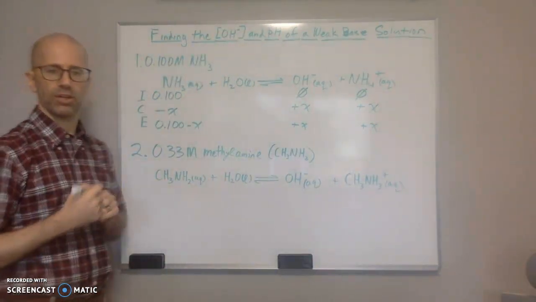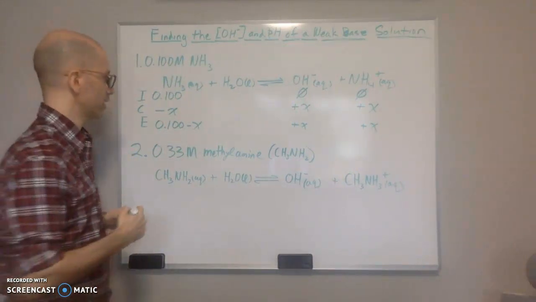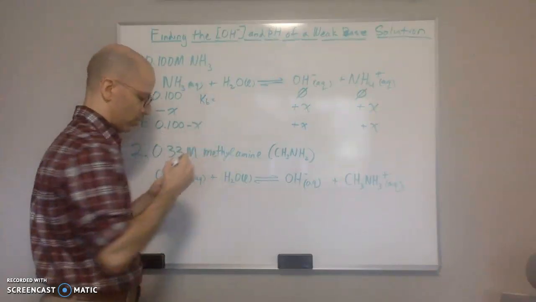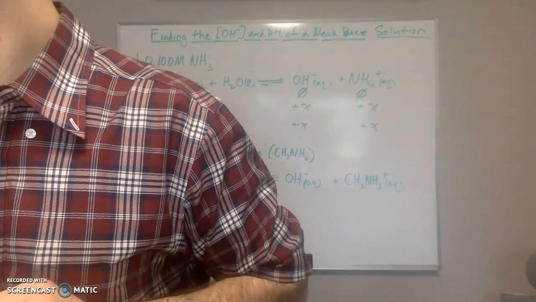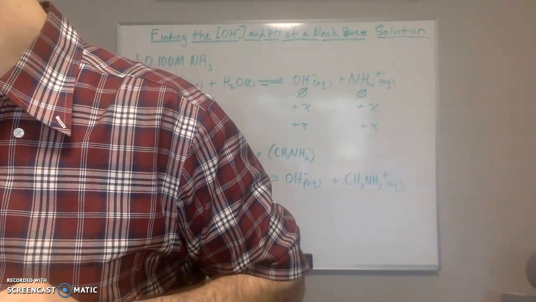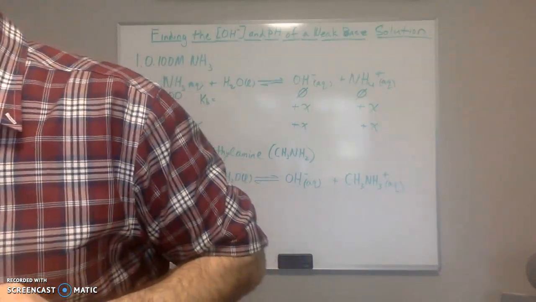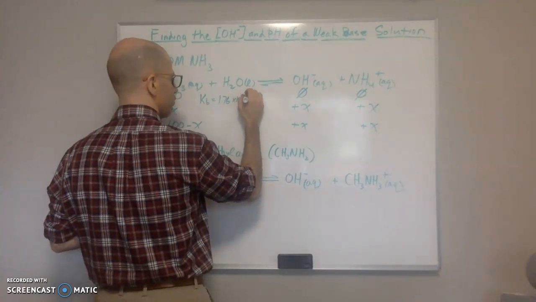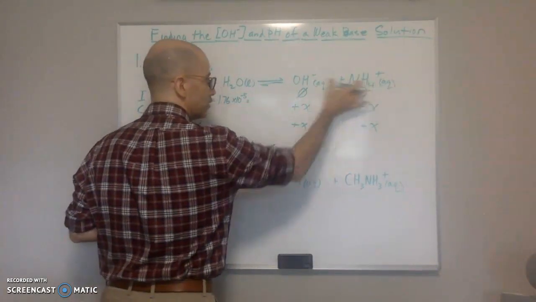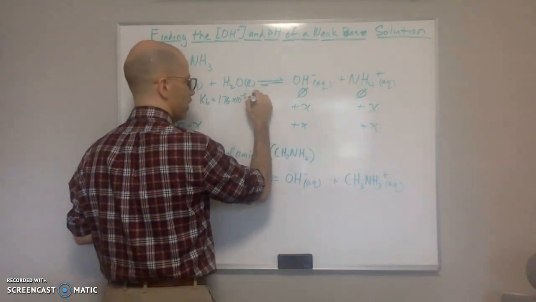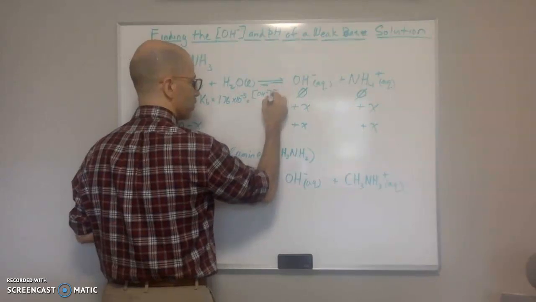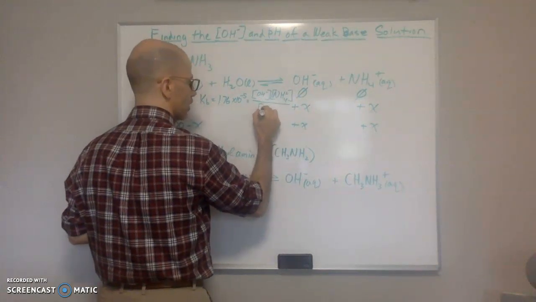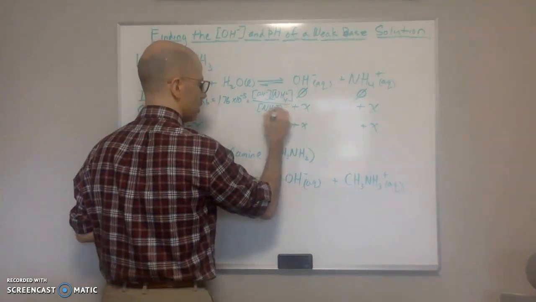Now all we need to do is set up our Kb expression. Kb for ammonia, if we look that up, is 1.76 times 10 to the negative 5. That is equal to the concentration of the products over the reactant: OH minus concentration multiplied by NH4 plus concentration over the concentration of NH3.